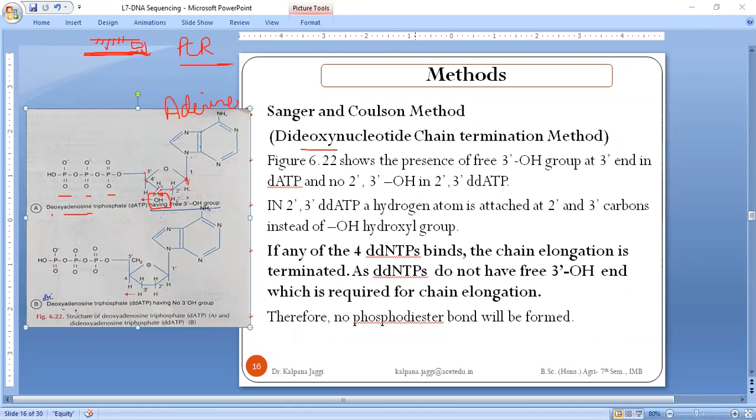The basic requirement is the presence of a free hydroxyl group. And what free hydroxyl group? This 3' free hydroxyl group is basically required, right? So that here the primer could attach, and to the primer the enzyme will be attaching, and that enzyme will read the sequence. If here it reads the sequence A, then it will attach T in correspondence to it, and so on. And in this way, another strand of the DNA is synthesized, right?